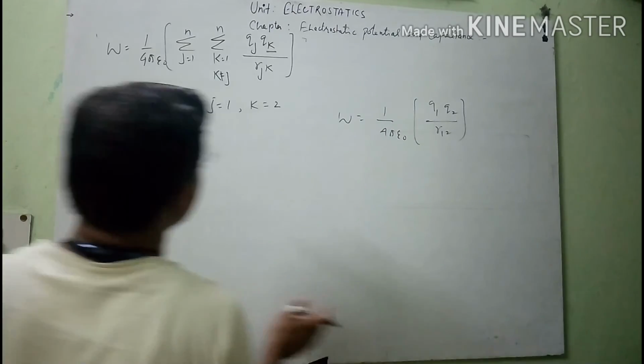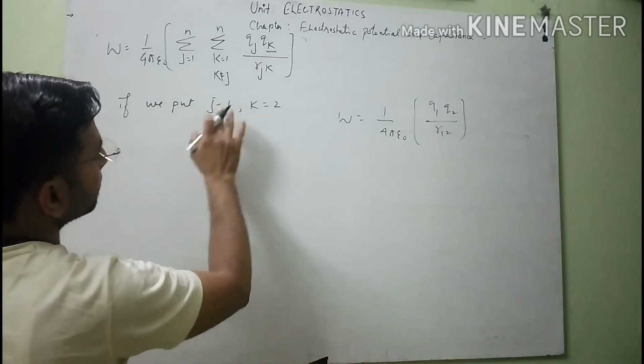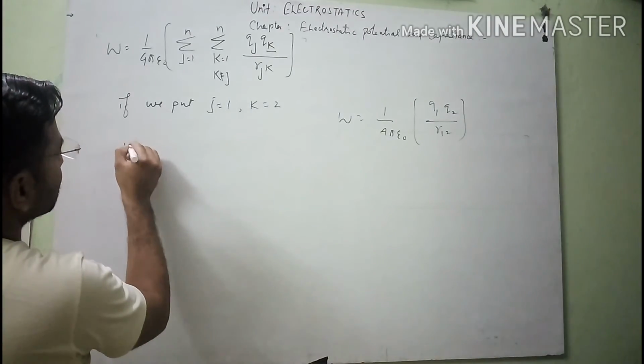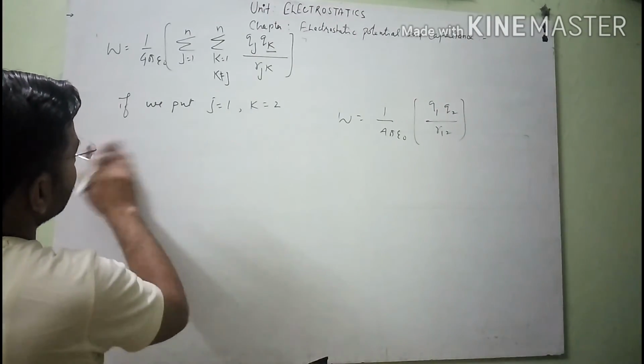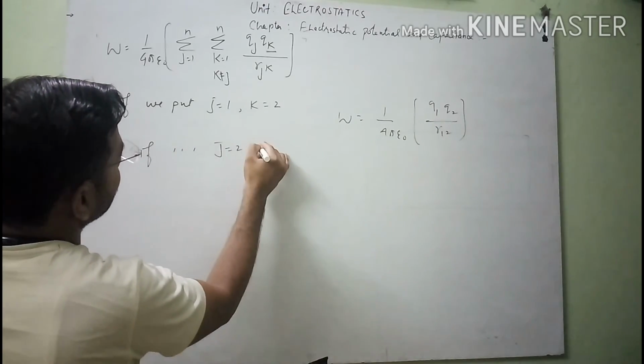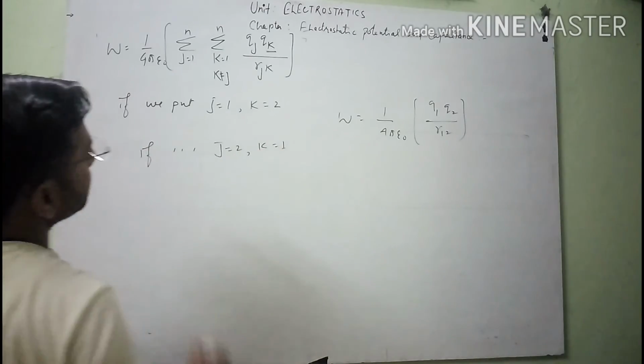This is already explained by me in front of you, but for your satisfaction I will show you from there. In the second case, if we put j is equal to 2 and k is equal to 1, we have 2 conditions.